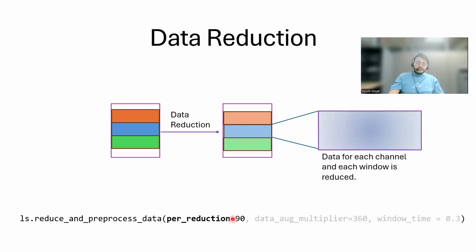Having this percentage reduction higher would basically result in faster training of the model. If you have 80% data reduction, that means it only works on 20% of the data points. If you have 0% data reduction, that would mean you're using all the data for training, and that is going to be slow, so don't do that.